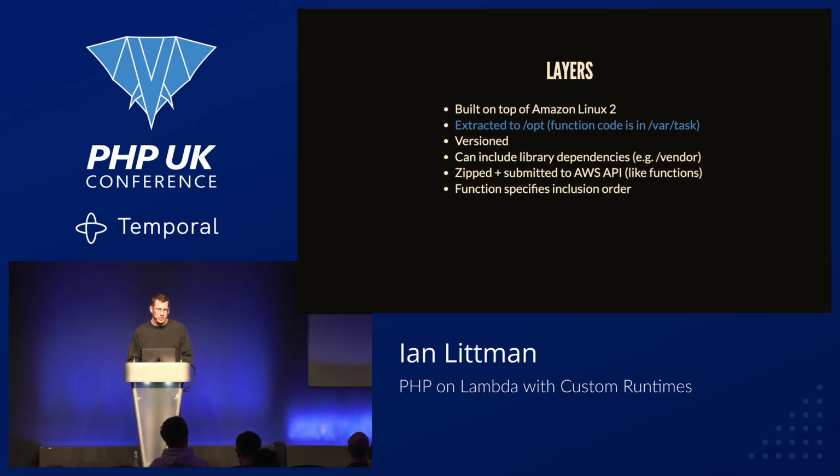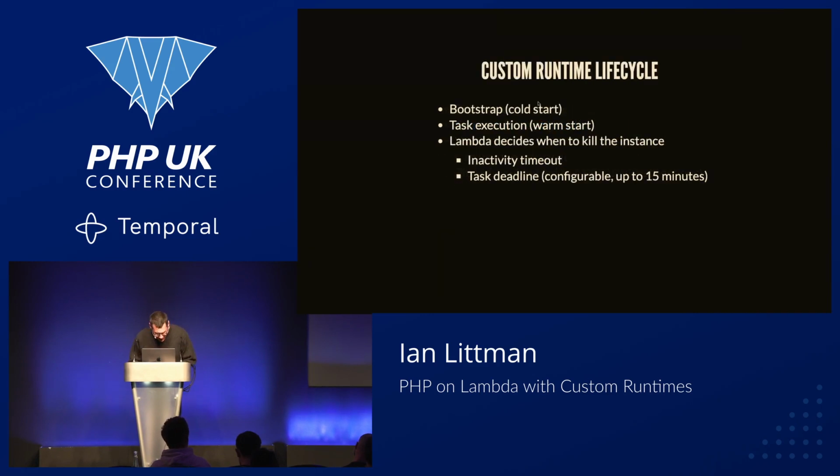You push them to AWS in the layers area of the Lambda UI in the console or via API endpoint. And then you reference those layers, or somebody else's layers. In the case of Bref, they have layers pushed that are publicly available. So you can use those instead of your own.